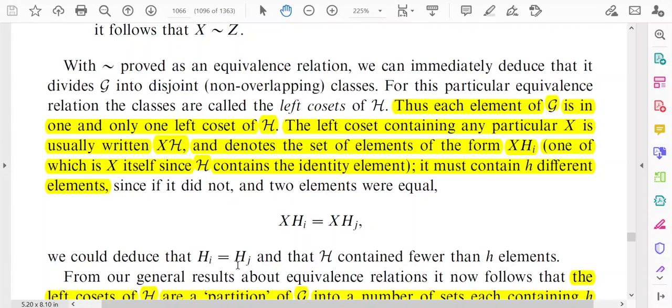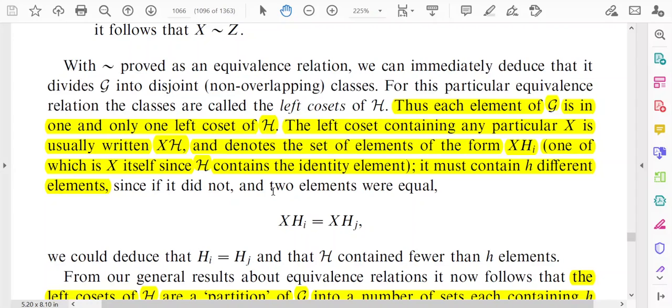But if Hi is equal to Hj, then what will happen? Then H will contain fewer than small h number of elements, because we have already assumed that capital H contains small h number of different elements.